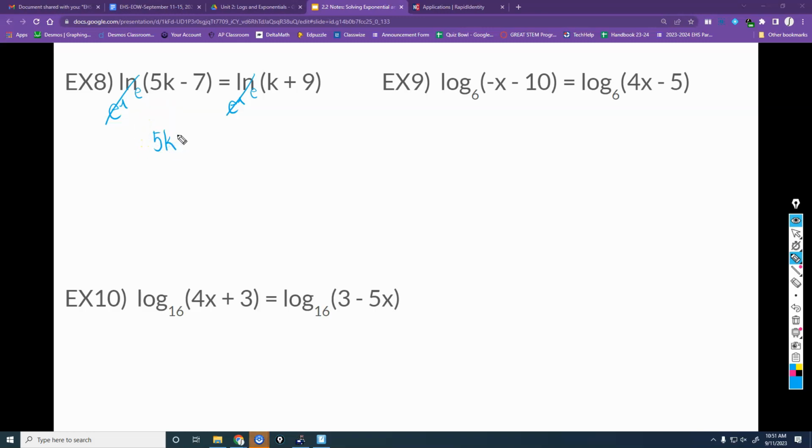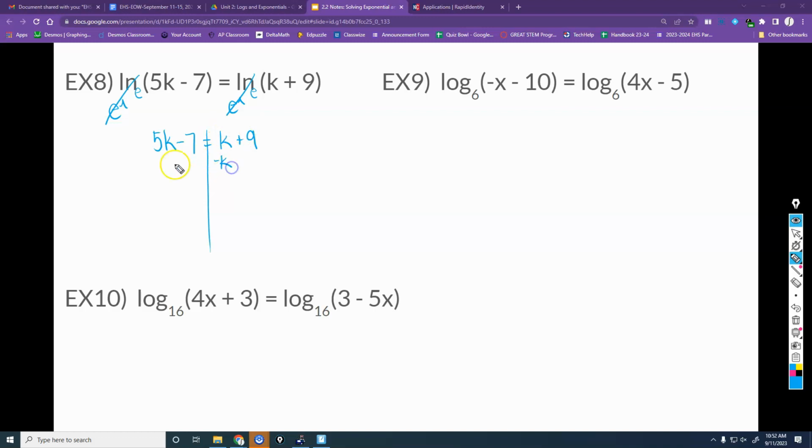So, this only works if log's on both sides of the equation, right? Log has to be on both sides of the equation. So, 5k minus 7 equals k plus 9. Aiden, how would I solve that? You will run into fewer problems if you try to move variables first, because where I've got a k on both sides, I have to move it to the other side.